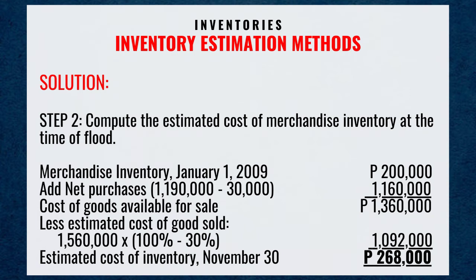Cost of goods available for sale, 1,360,000 pesos. Less estimated cost of goods sold, 1,560,000 pesos times 100% less 30% is 1,092,000 pesos. Estimated cost of inventory, November 30 is 268,000 pesos.